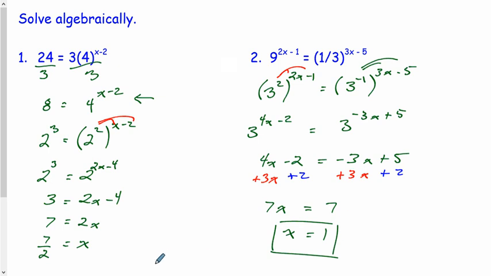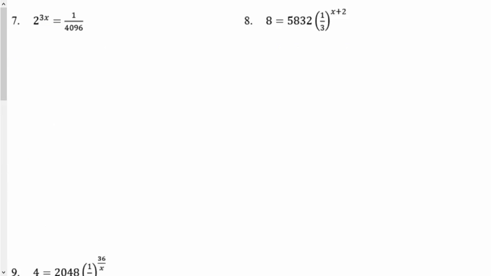These are in your notes package. Number 7. I have a 2 as a base on the left. So I want somehow to make this a base of 2 on the right. Again, as I've mentioned before, when we're working with powers, there's often more than one order to our steps.